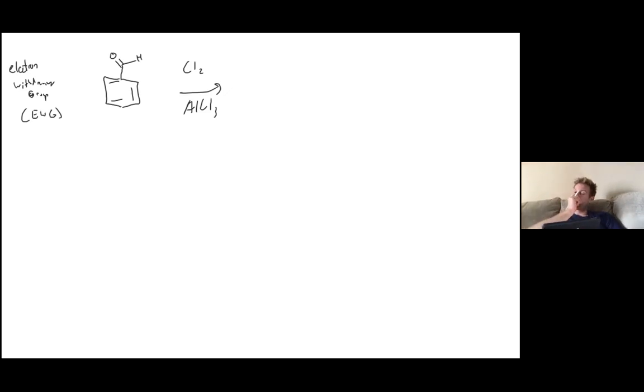So before we were building up a negative charge in the ring, now we're going to be building up a positive charge. So our first resonance structure should look something like this here. And we can move this around the ring.